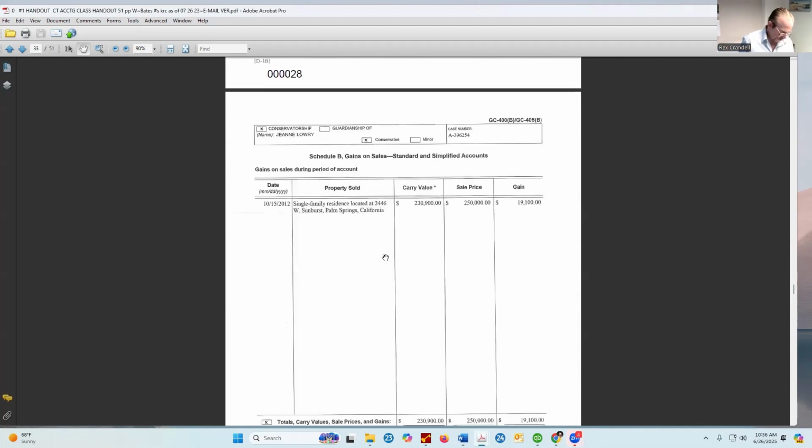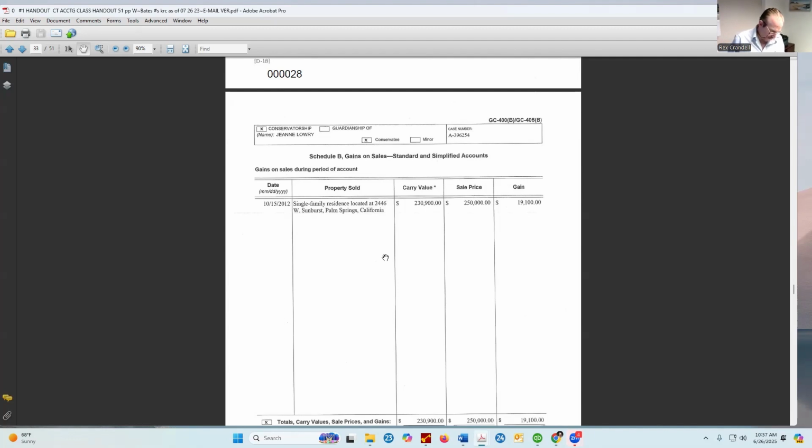So the next page, we have the sale of a principal residence. So we had a house in Palm Springs and it was sold for 250,000 a while back, and it had a carry value of 230,000. Well, the form and the requirements are to show the gain without any sales costs.